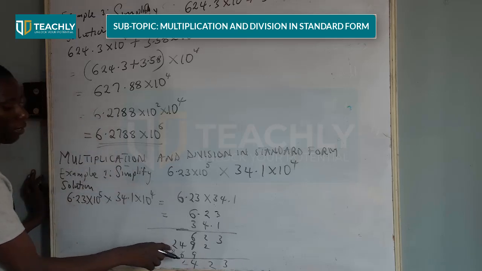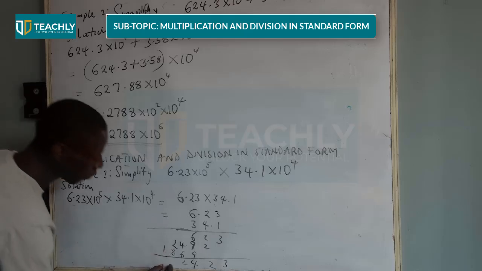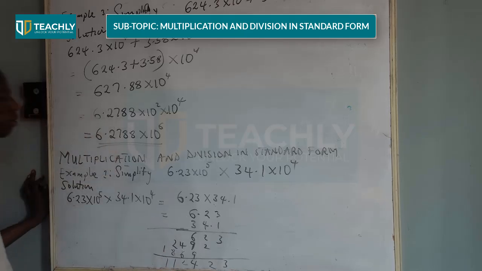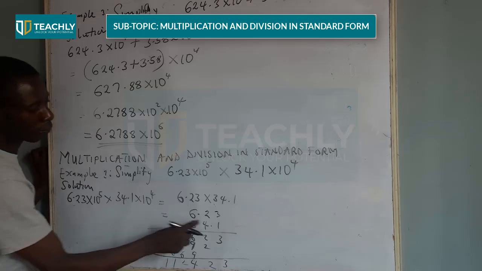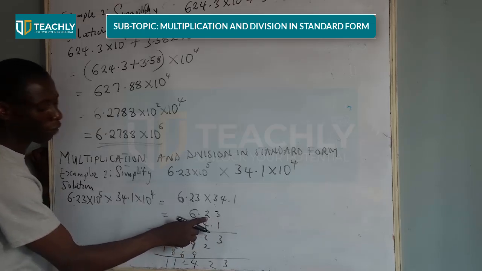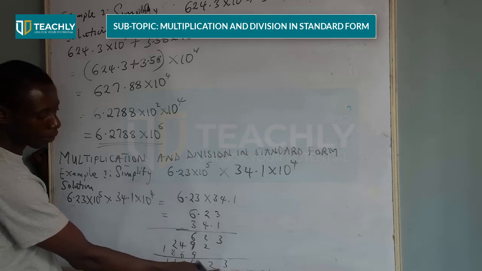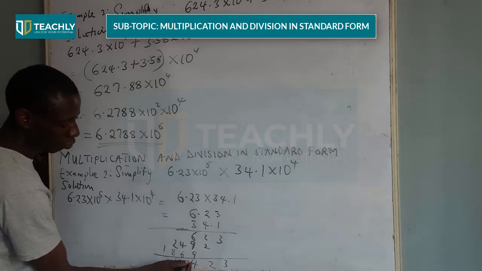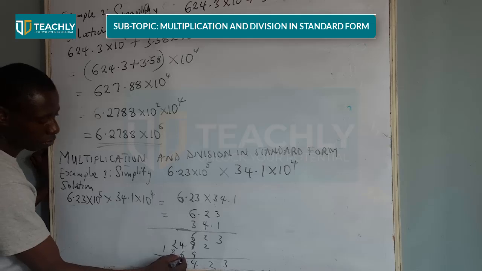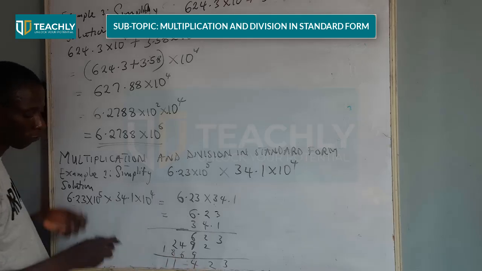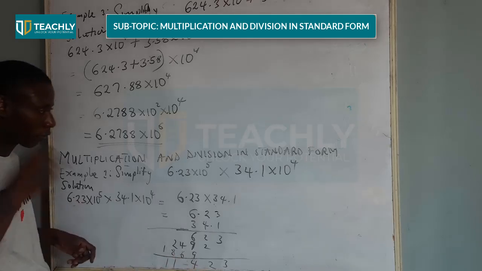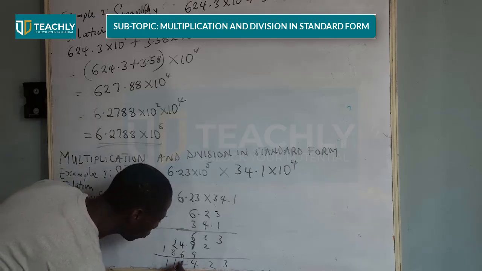If you bring that one here, that is 3. 3 plus 8, we have 11, and we have 1 here. So to know where to put the decimal point, you count how many digits you have after the decimal. For example, here you have 3 digits. You count from the back: 1, 2, 3. So it's going to be 112.423. That is what you are going to get.